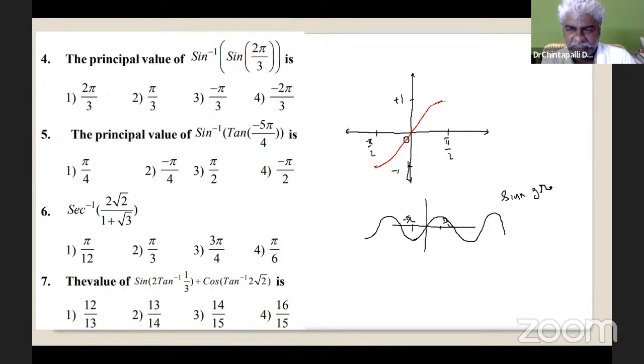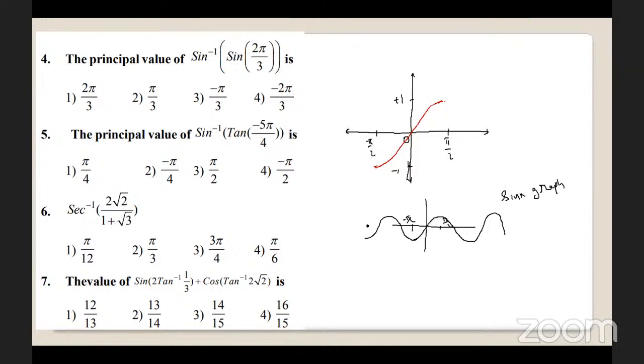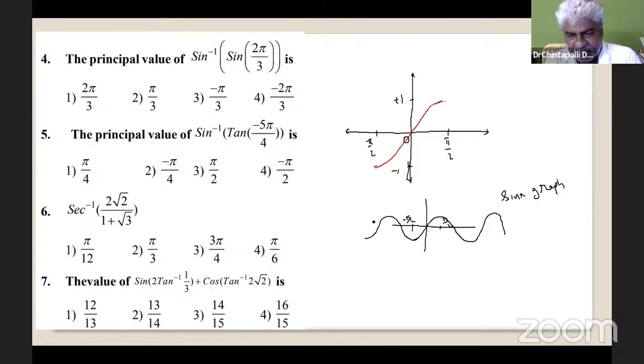Sin x graph, right? If we draw a line parallel to the x-axis, it meets the graph at so many points.